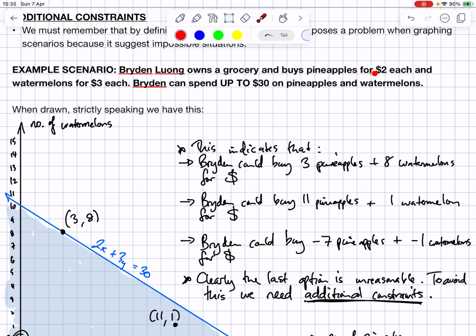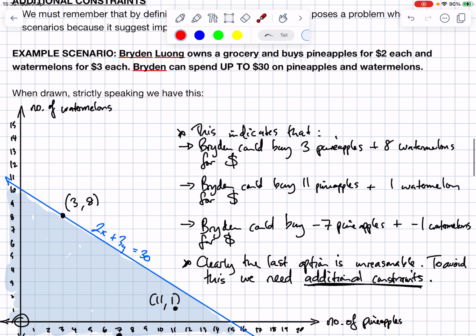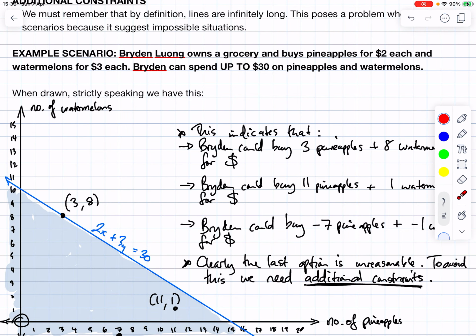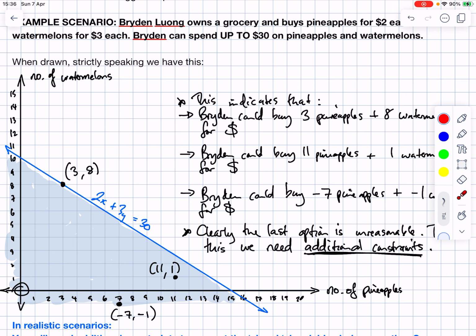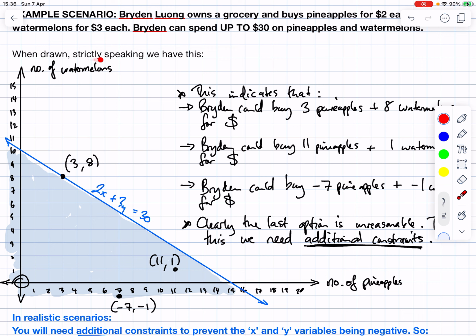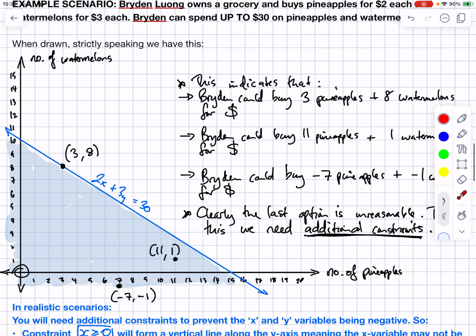Bryden owns a grocery, buying pineapples for $2 each and watermelons for $3 each, and can spend up to $30 on pineapples and watermelons. So we're going less than or equal to. He can spend 30 and he can spend less than 30. When I draw that region, strictly speaking, we have this.